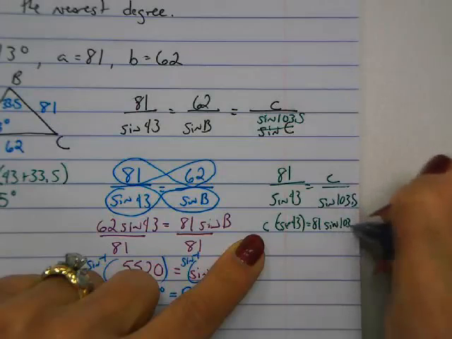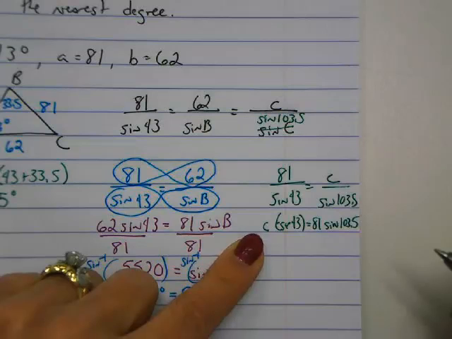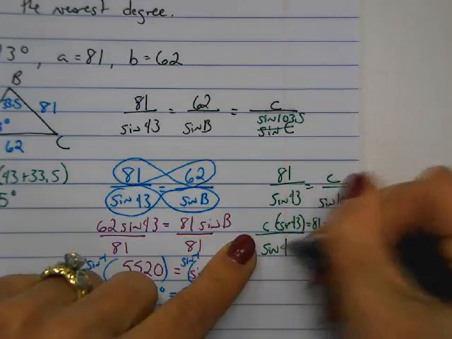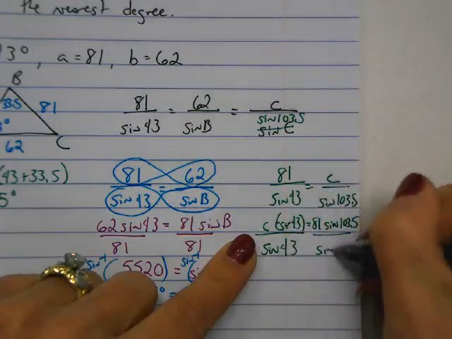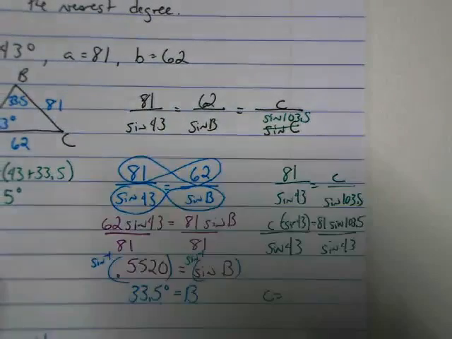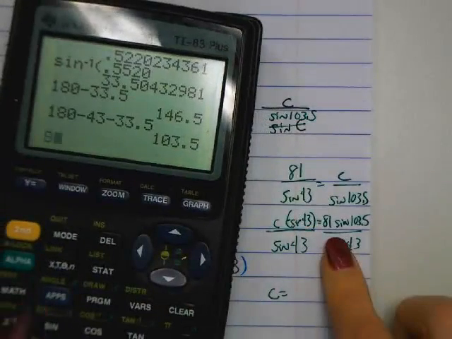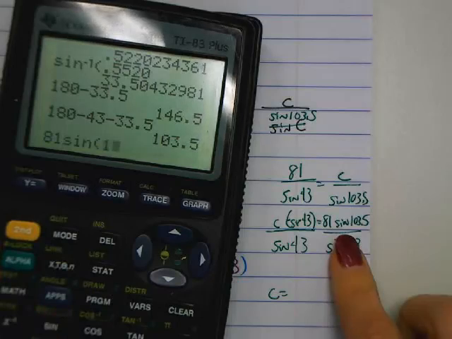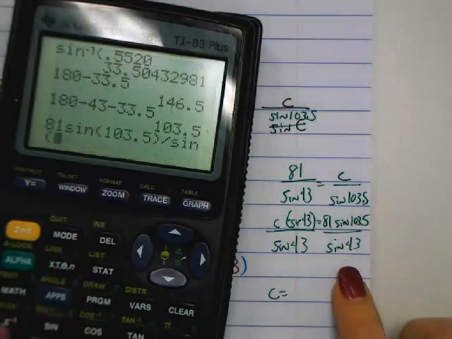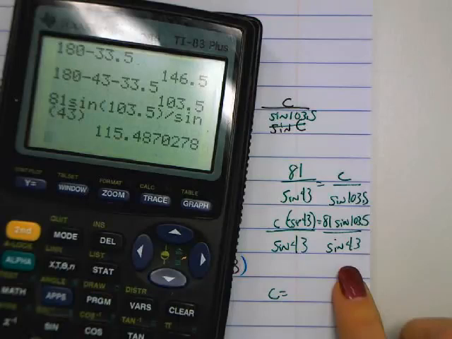I apologize, I'm working in a really squished space. To get c by itself, I divide by the sine of 43. So c is equal to, grab your calculator, 81 sine 103.5 divided by sine 43. And I find out that side c is 115.5.